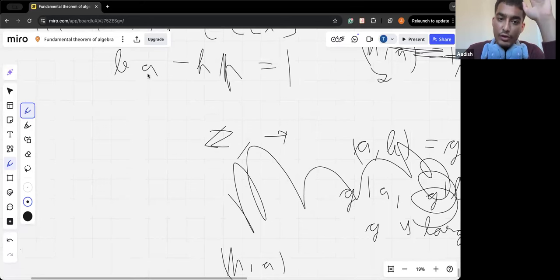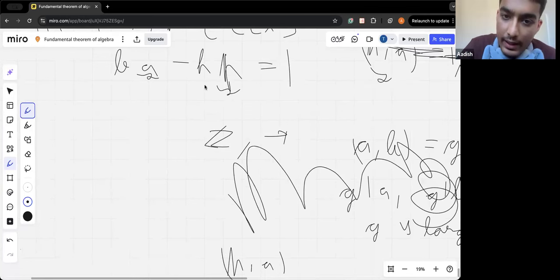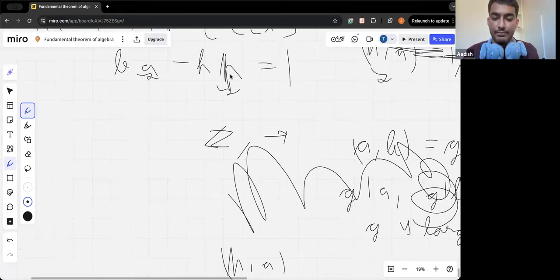If you look here carefully, A and B are like this. This looks a lot like Bezout's lemma: you start with two numbers, you take some linear combination of them, and you get one.